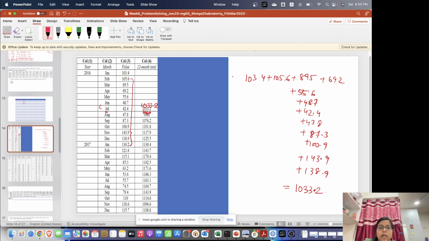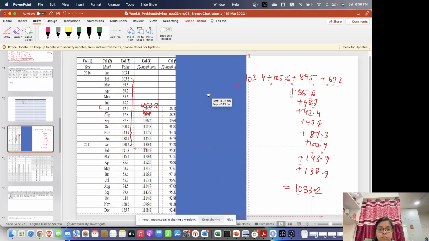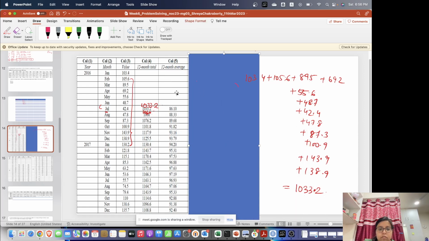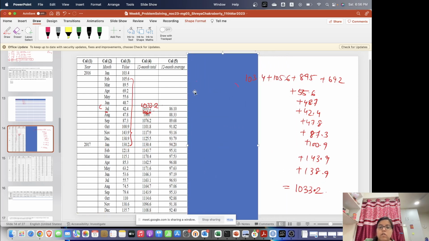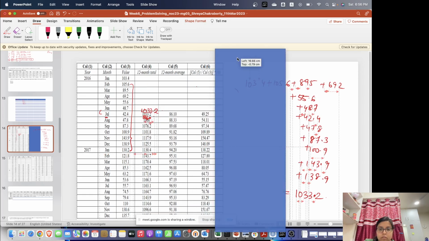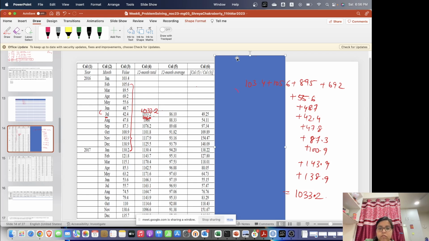Okay. So after calculating the total, we are going to get 1033.2. 1033.2 divided by 12.